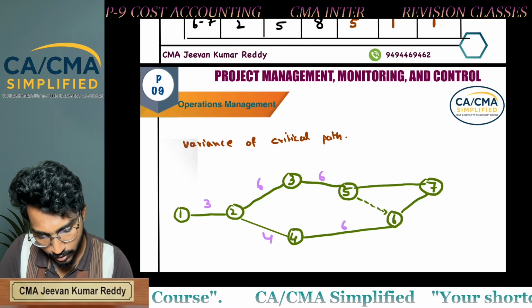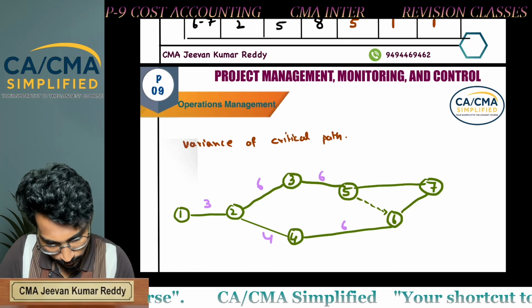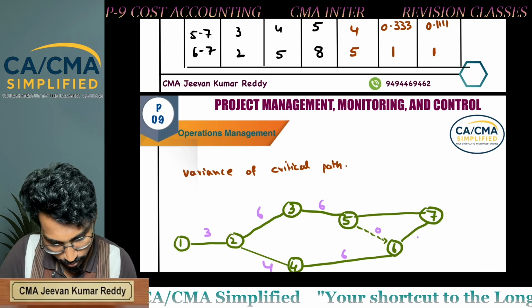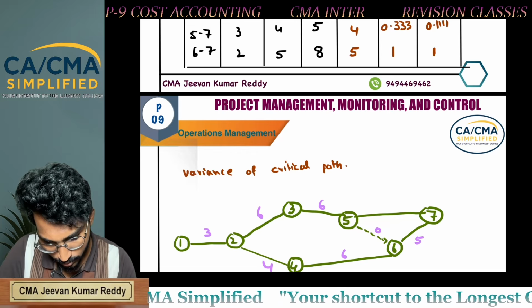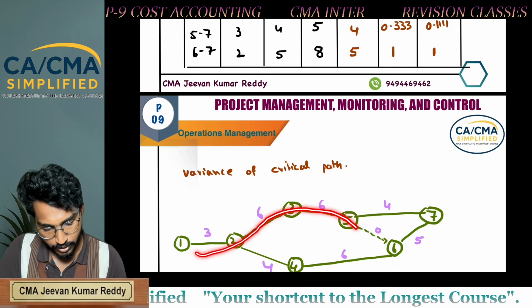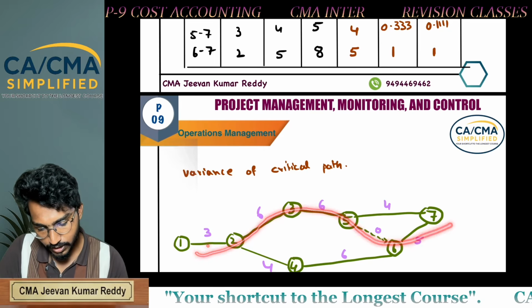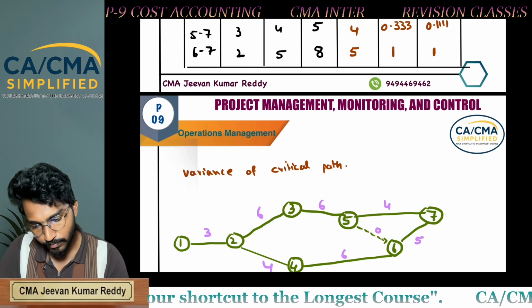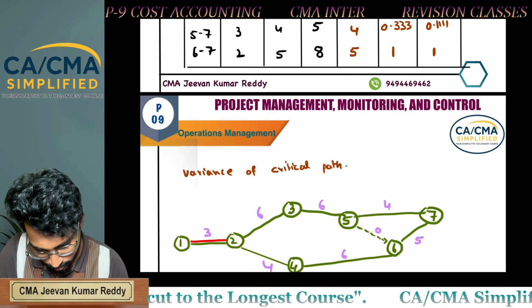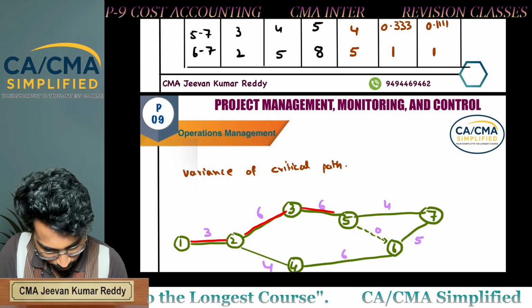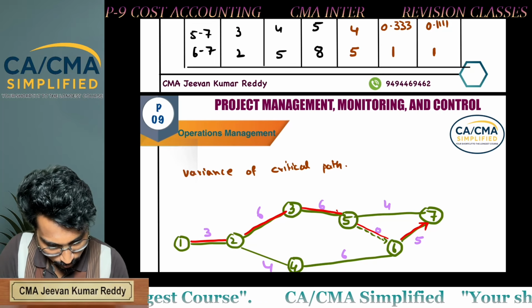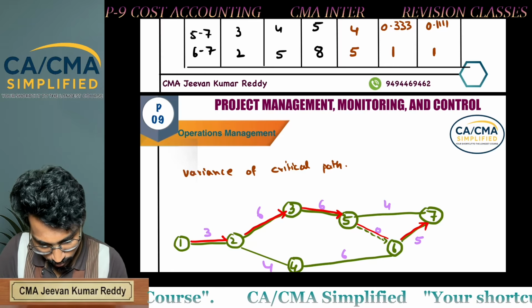Next, 6 to 7 is 5 days, and 5 to 7 is 4 days. Now what is the critical path? 3 plus 6 plus 6 plus 5: 3 plus 6 is 9, 9 plus 6 is 15, 15 plus 5 is 20 days.